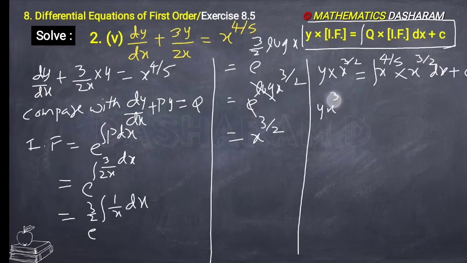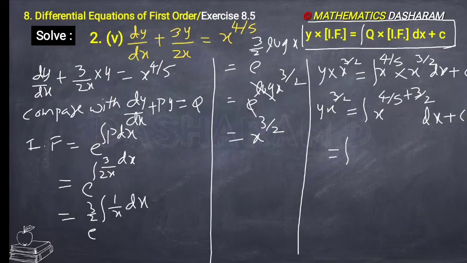So y into x to the power of 3 by 2 equals to, here a to the power of m into a to the power of n equals to a to the power of m plus n, dx plus c. So it is equals to integration x to the power of, 4 by 5 plus 3 by 2, LCM 10, 8 plus 15, 23 by 10 dx plus c.